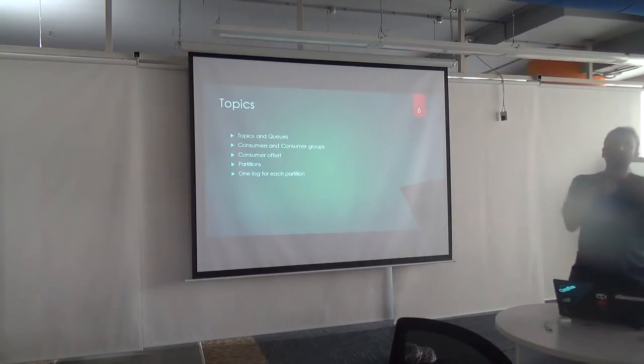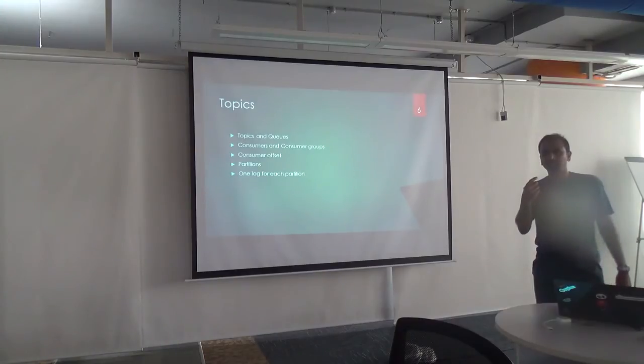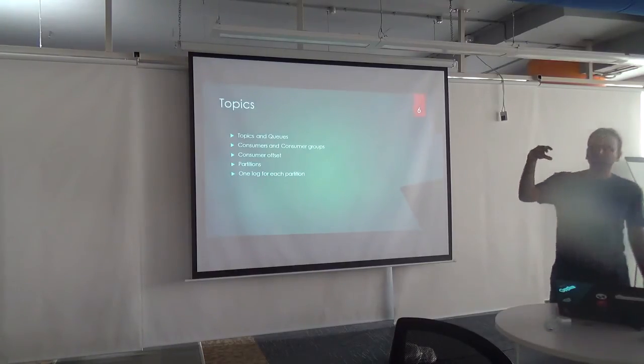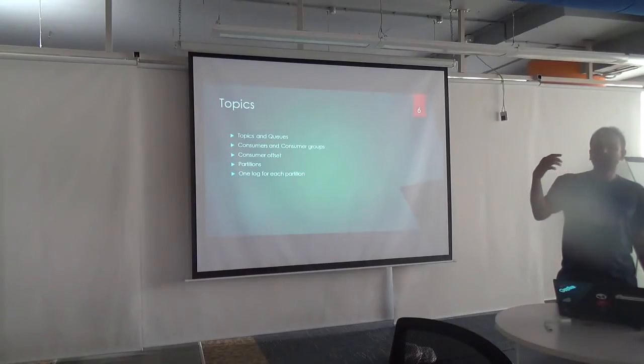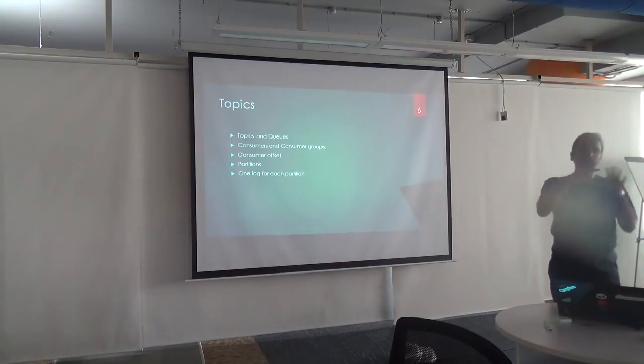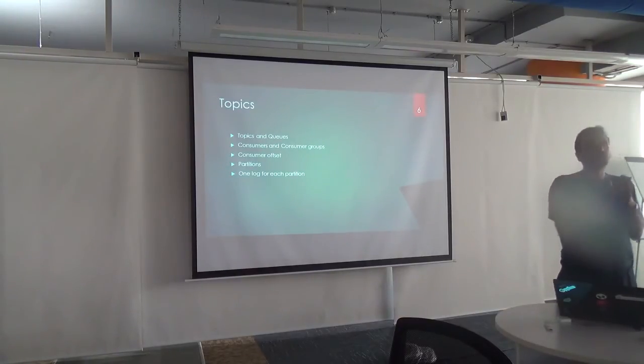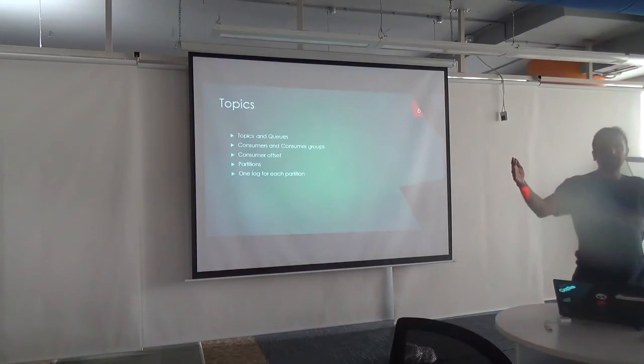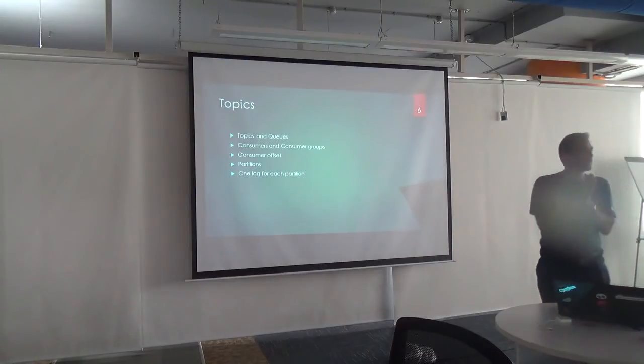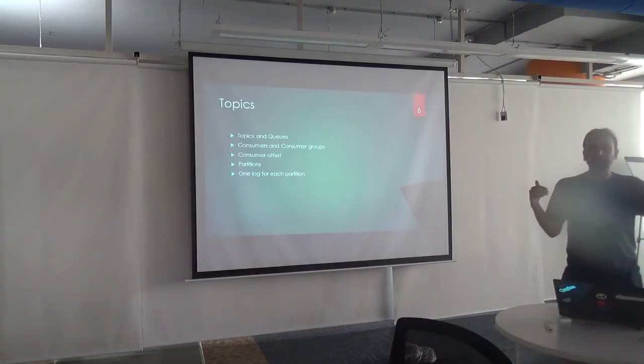For each message, one thread will be blocked, so the next message has to wait. Or if you want parallel processing, you have 10 threads reading 10 messages. But you can't have 1,000 threads in your JVM reading 1,000 messages. So if you want scalability, you have to think about batch processing, where you can read many messages at a time, unlike a normal messaging engine, where you read only the latest message.